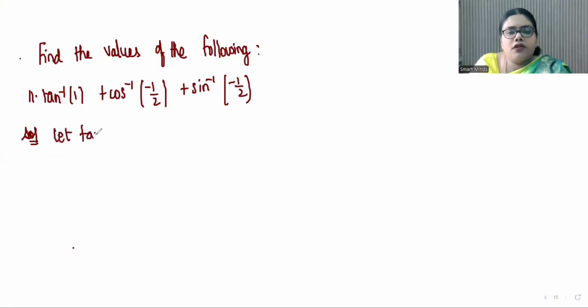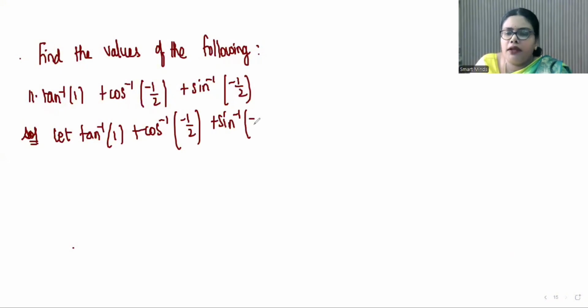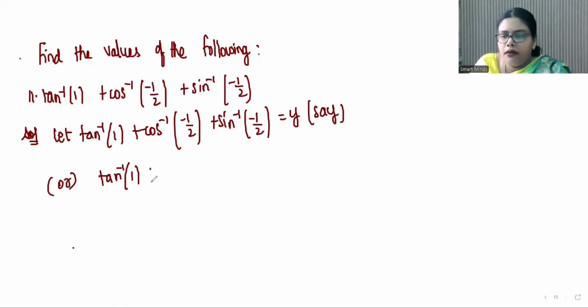Let tan inverse of 1 plus cos inverse of minus 1 by 2 plus sin inverse of minus 1 by 2 be equal to y. We can say tan inverse of 1 plus the second term as some theta and the third term as some phi is equal to y.